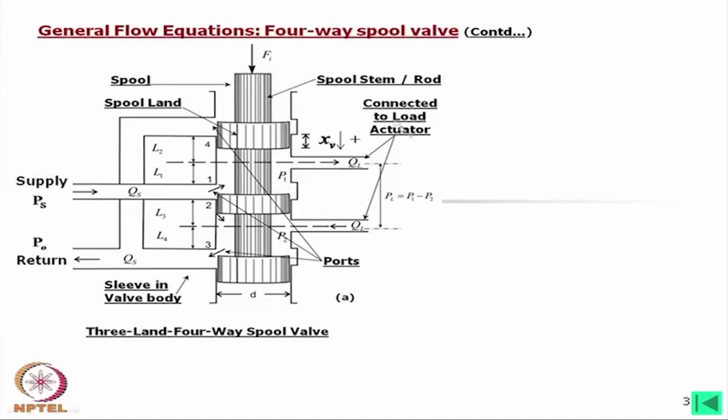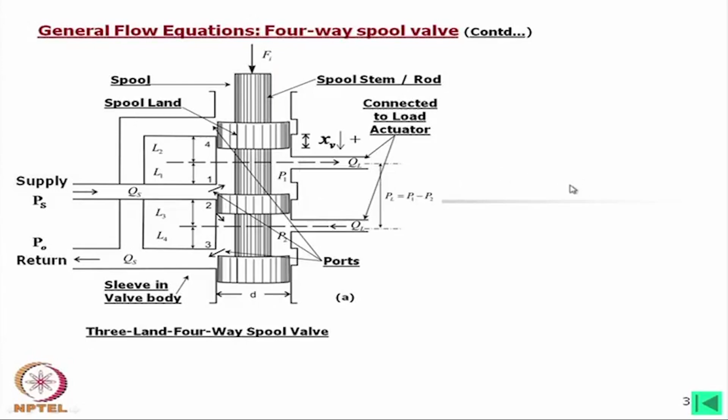P1 is the supply pressure to the actuator, and P2 is the return pressure from the actuator, whereas P2 is not equal to P0. Similarly, PS is not equal to P1, because if these valves are used for control of flow or pressure, these orifices are such that there will be pressure drop, there has to be pressure drop.